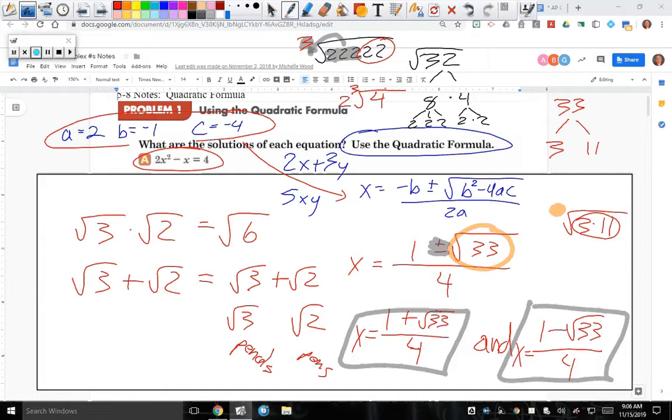Because look, square root of 3 is this. The square root of 2 is that. They're from the same family to where I can't add them per se, but I can multiply them to look like this.